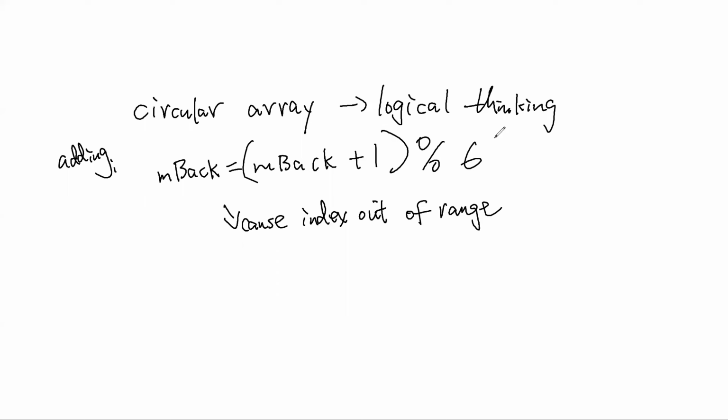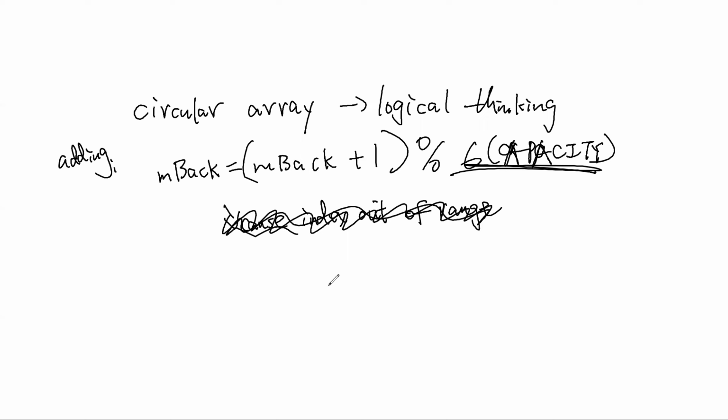6 is the capacity. And then we won't have this issue. We can solve this issue. Let's just think about it. The index range should be 0 to 5.